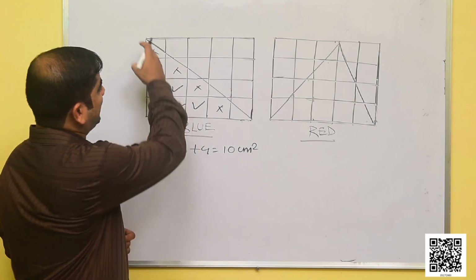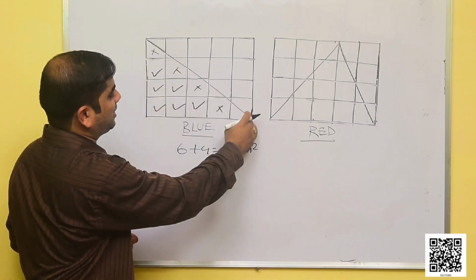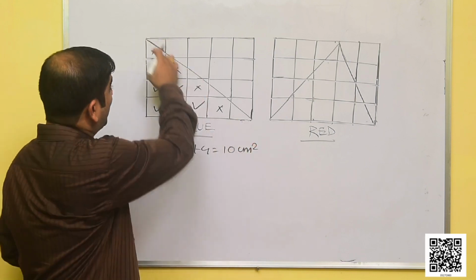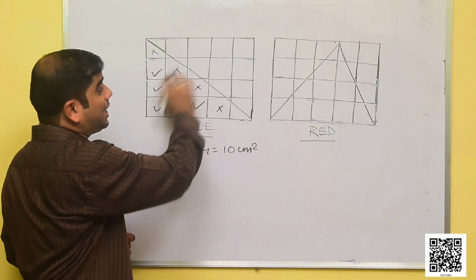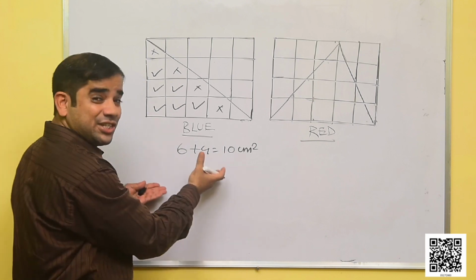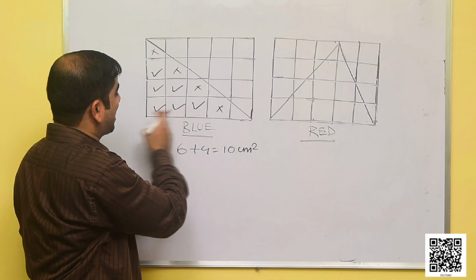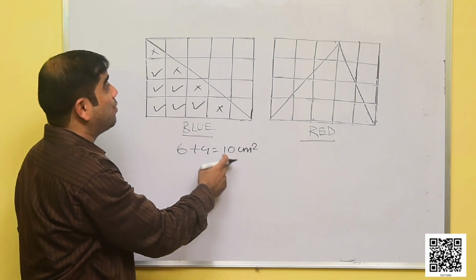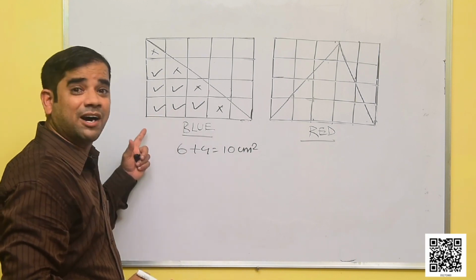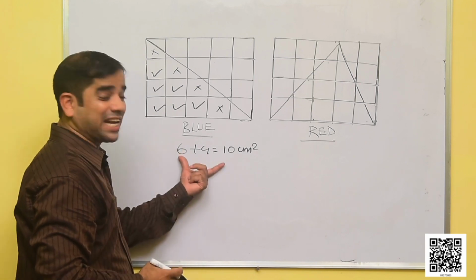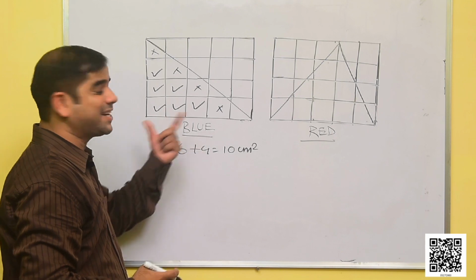As you can rightly see, this line is joining two vertices of the rectangle, so it is dividing the rectangle into two equal parts. It's true over here. We have calculated that the area of this triangle is 10 centimeter square, whereas the area of the rectangle is 20 centimeter square. So it's half of the full rectangle.